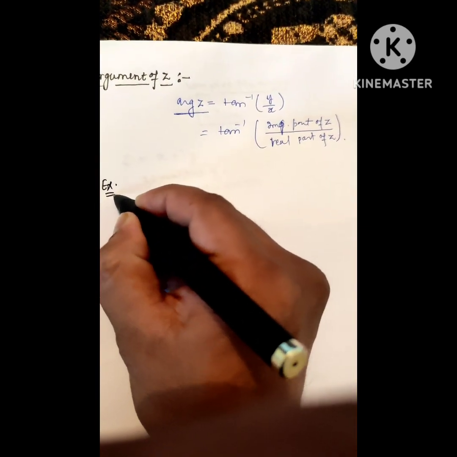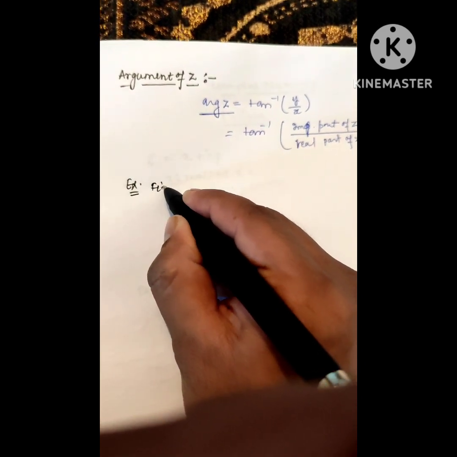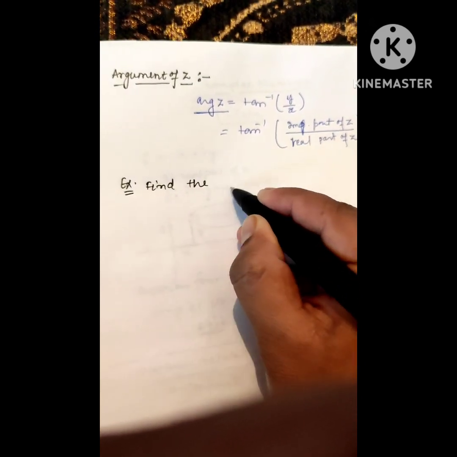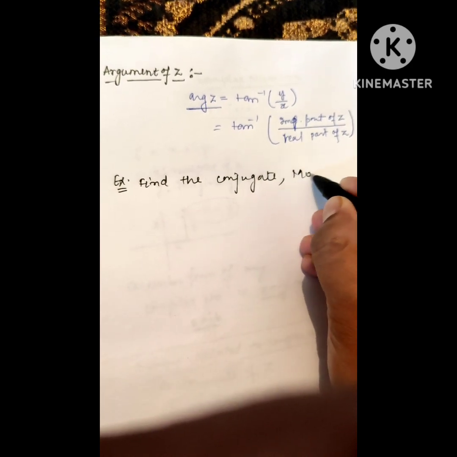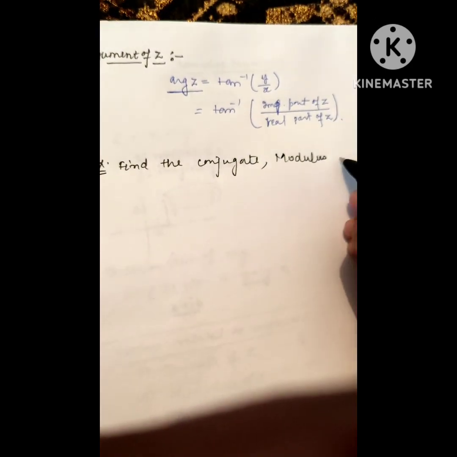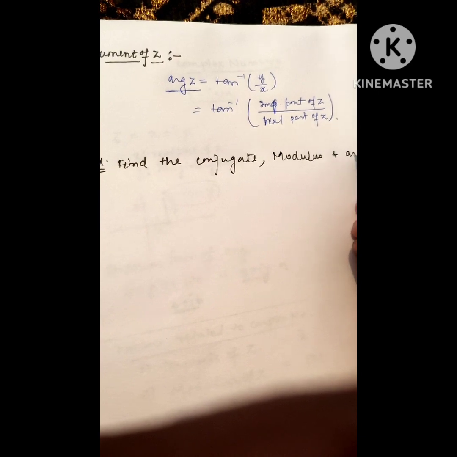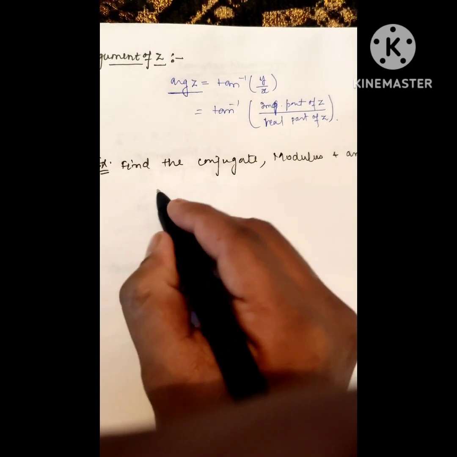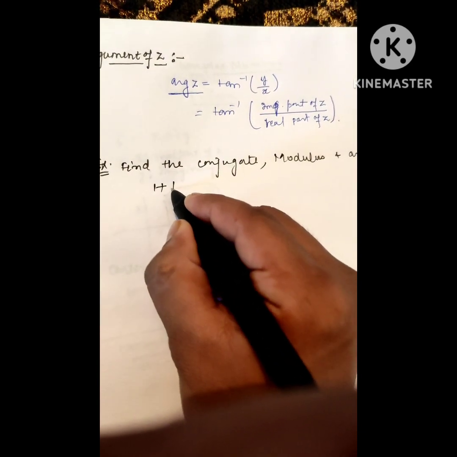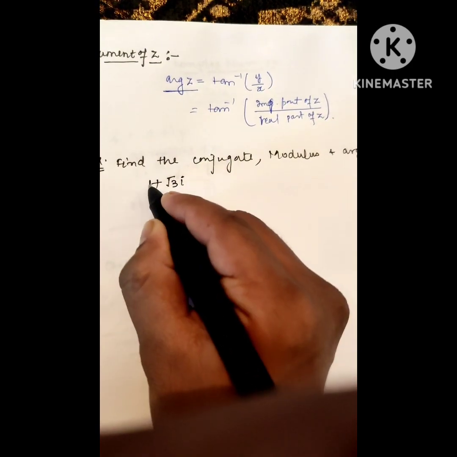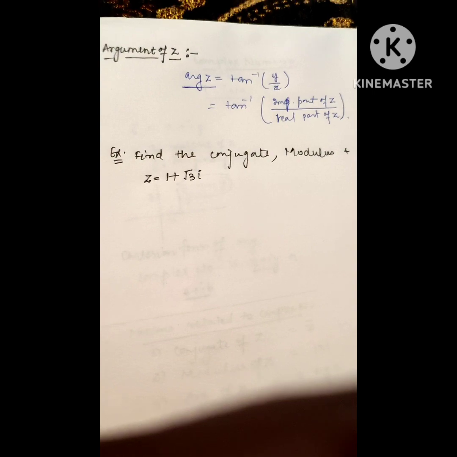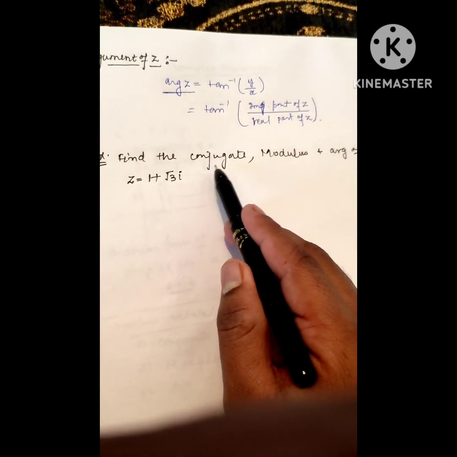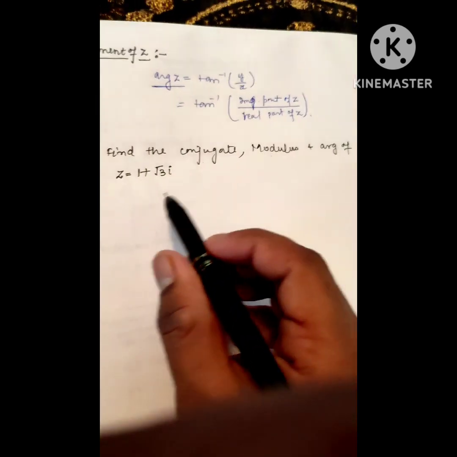Now take an example. Find the conjugate, modulus and argument of 1 plus root 3 iota. If Z is the complex number 1 plus root 3 iota, then we have to find the conjugate, modulus and argument.